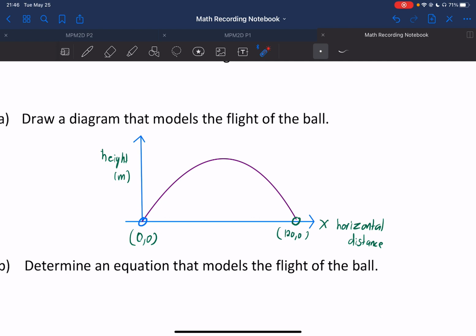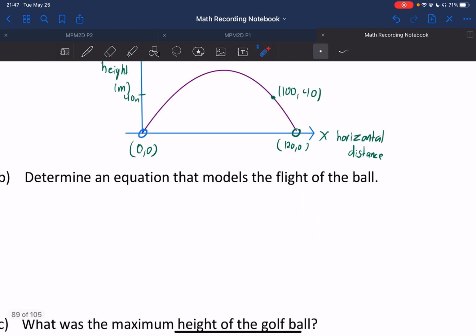It's at a height, though, of 40 meters. So I'm just going to put a little arbitrary distance; this looks about right. This is at 100, 40. If you notice from this graph, these are our two zeros. These can be our R and our S.